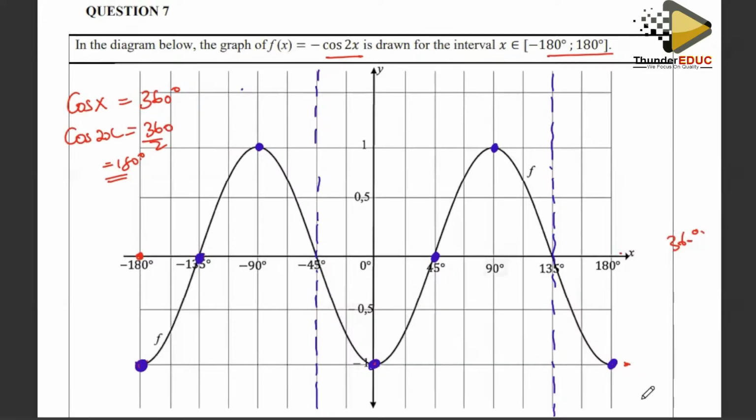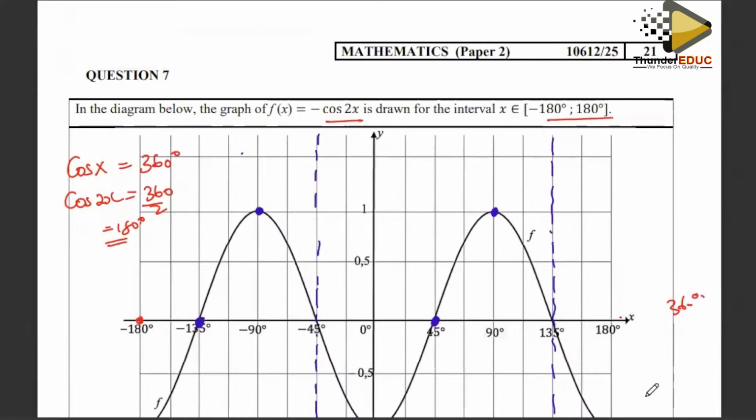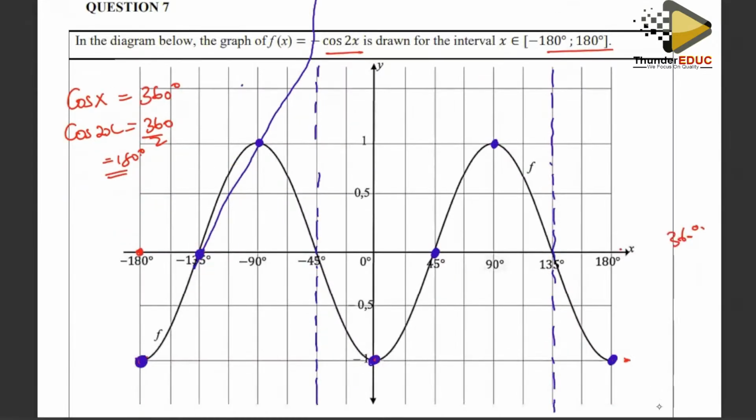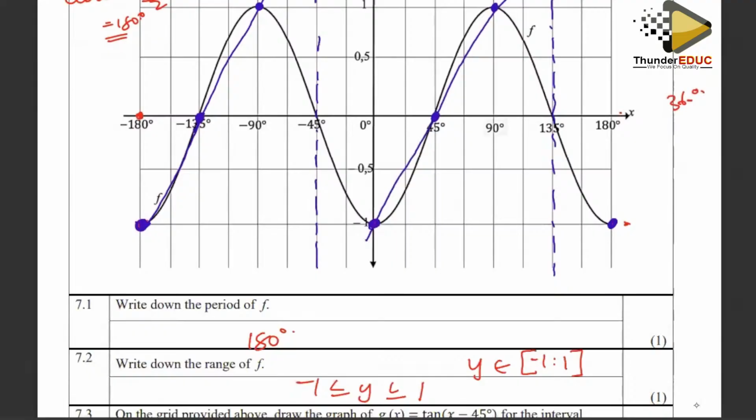So how do we plot this? Since it is moving towards the asymptote, we can just connect something like that. This one must move towards the asymptotes, just like that, and then towards also this asymptote.